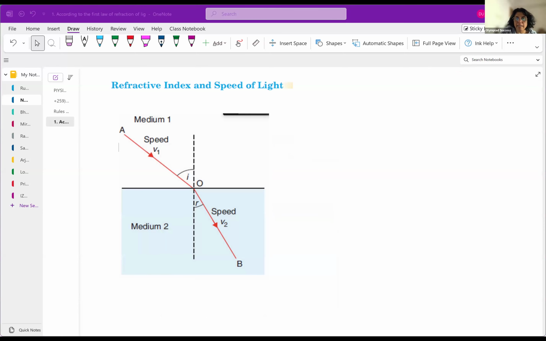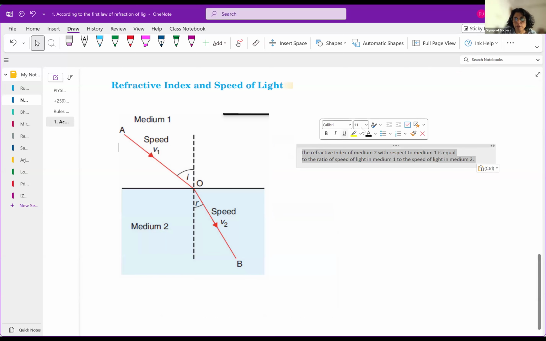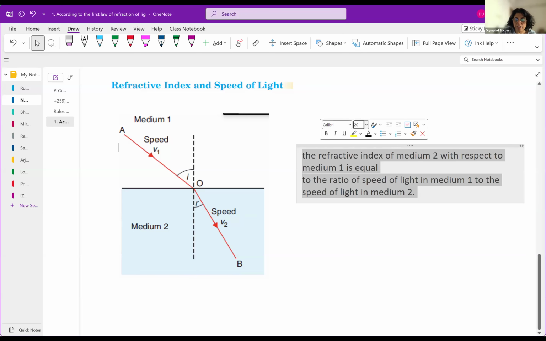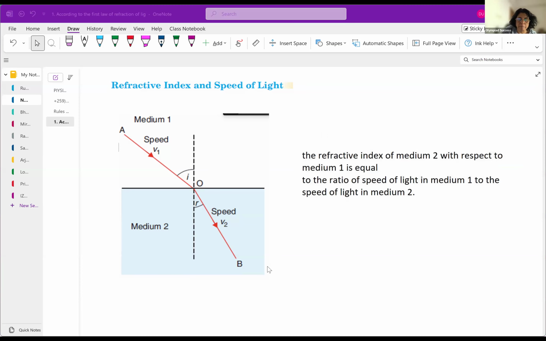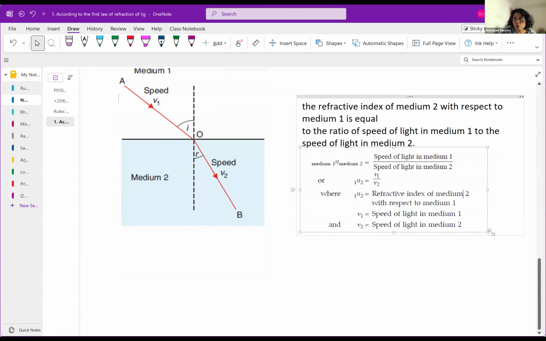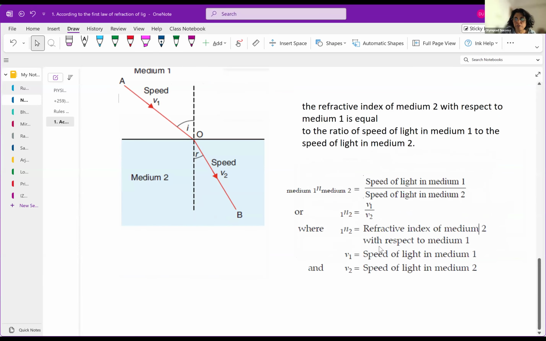Which means that the refractive index of medium 2 with respect to medium 1 is nothing but the ratio of the speed of light in medium 1 to the speed of light in medium 2. So we write it in this way. So n21 is written in this way.